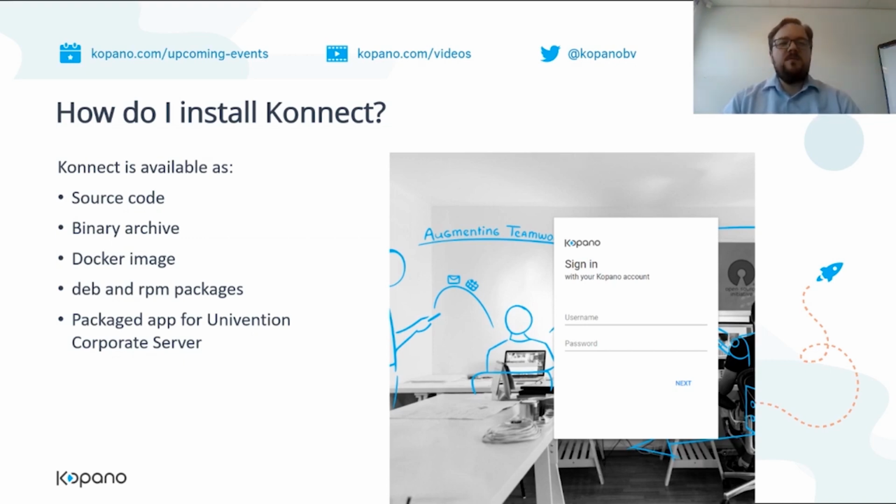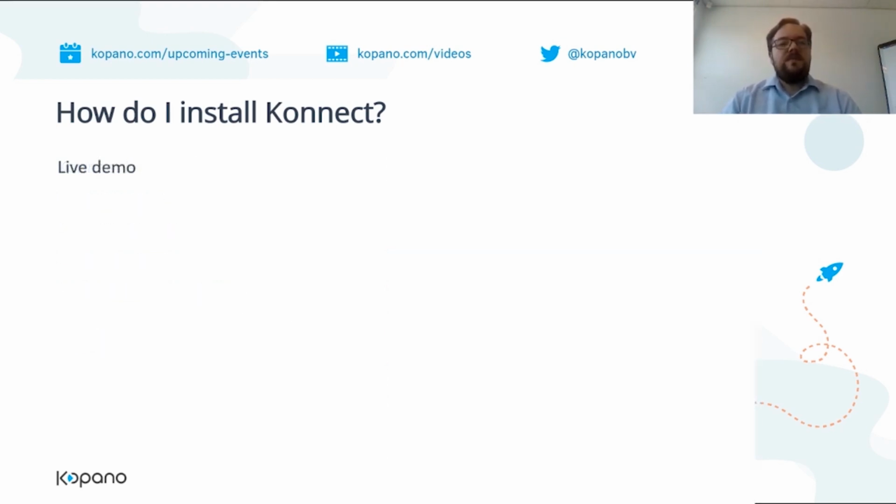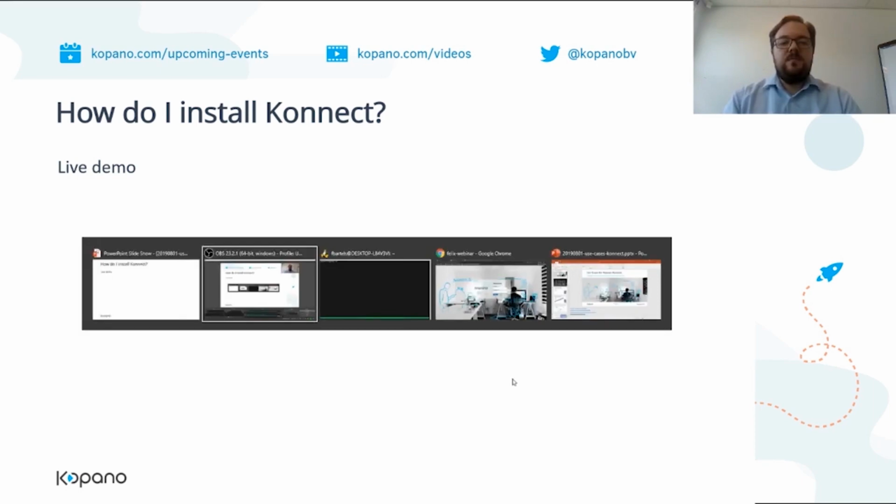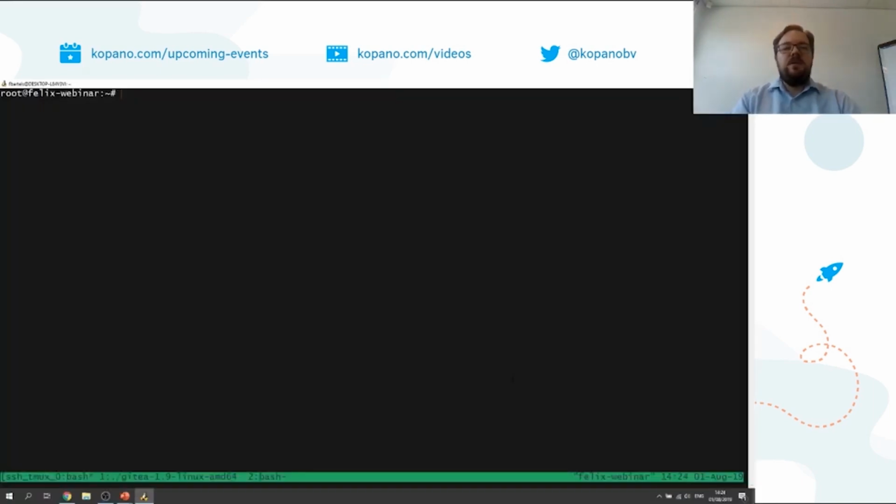There you don't search for Kopano Konnect, but for OpenID provider, and you will get the same application that you get through our other channels. To show you how to install Kopano Konnect on a Debian platform, I'm now going to switch over to screen sharing to show you the ins and outs of the system.